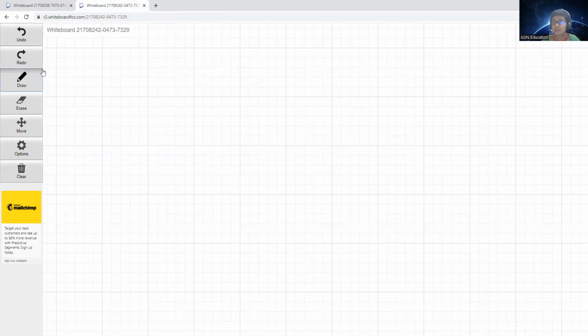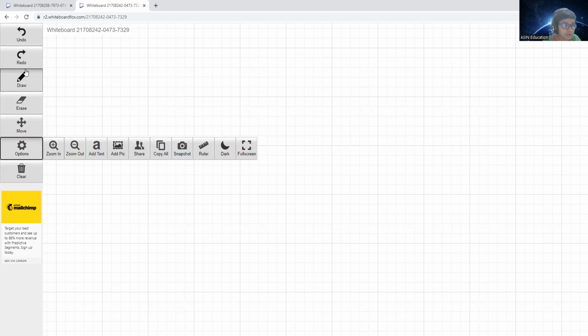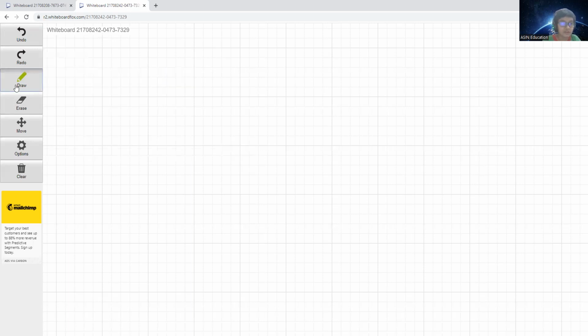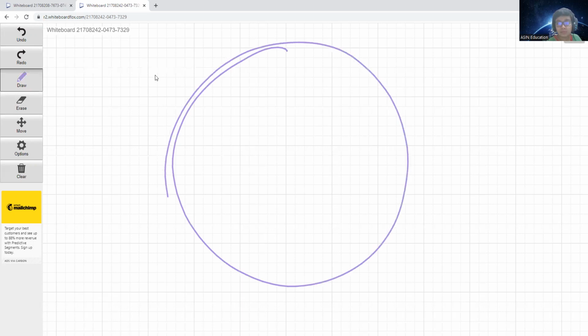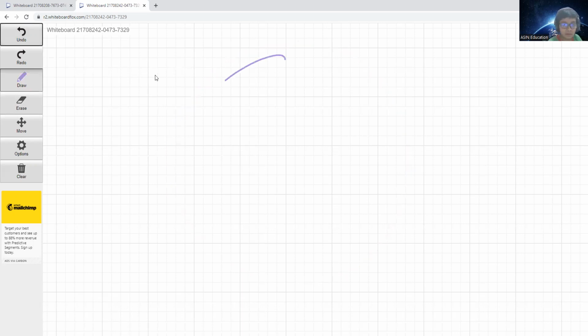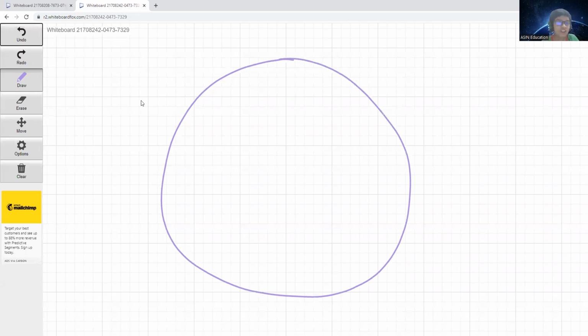Now let's learn about the parts of a circle. So first, draw a circle. That's not the best I can do. Good enough. So actually not good enough, but for our purposes, it's good.